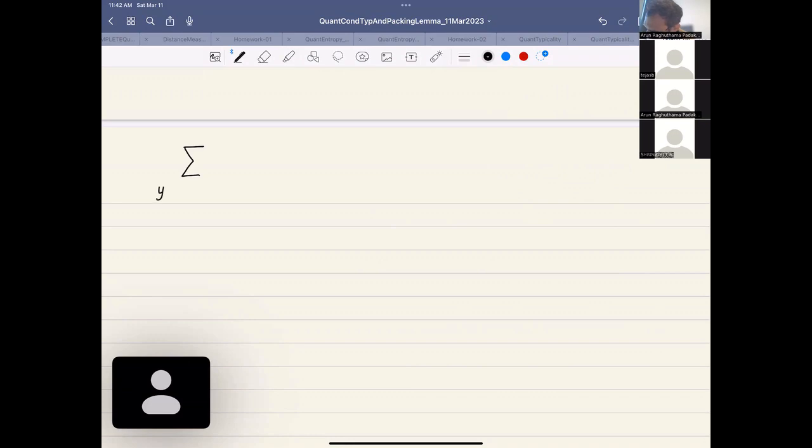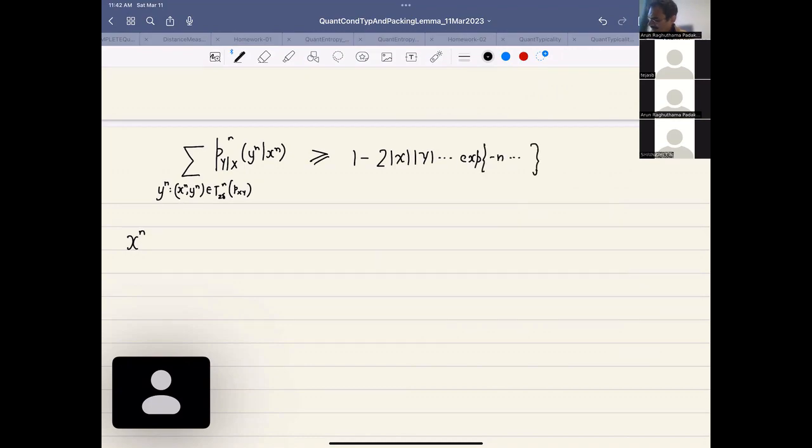If I take a yn such that xn yn was in T of 2 delta n Pxy, and I look at this Py given xn of yn given xn, you fix an xn, and this you showed is greater than 1 minus some exp minus n times something. Do you agree? Yeah. Okay.